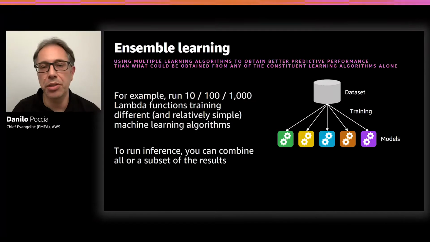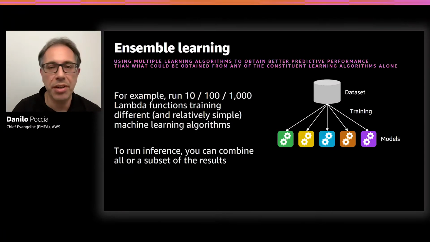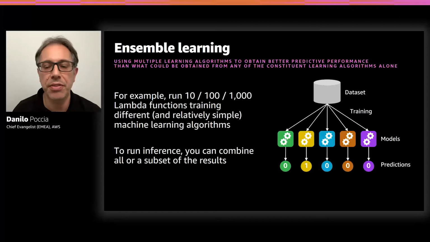So maybe you can use a linear learner, a logistic regression, you can use XGBoost, and so on. And let's say that you create 5 models, then you can take the prediction, the inference from all the models. For example, let's say that you are doing binary classification, so you get a 0 or a 1. In this case, you get 4 zeros and only one model is returning a 1.